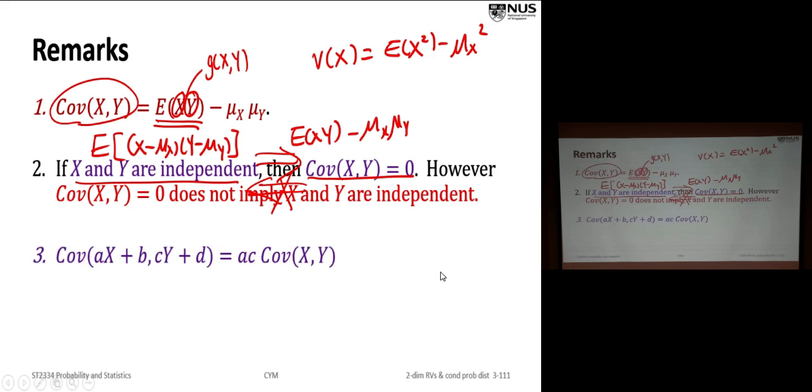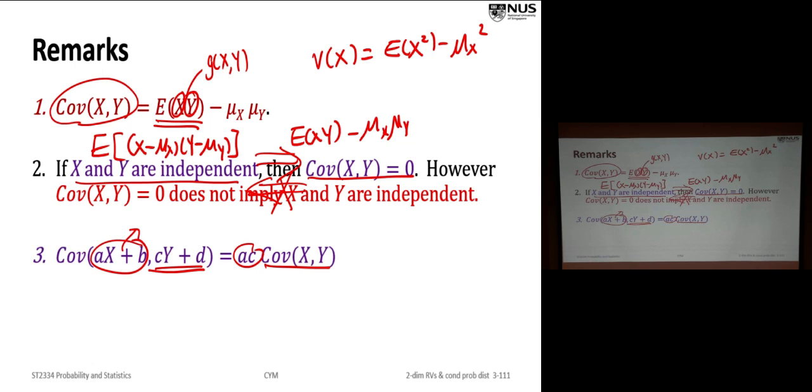All right? And the covariance for ax plus b, so this is a random variable, this is another random variable. So the covariance of these two random variables is equal to AC times the covariance of xy.